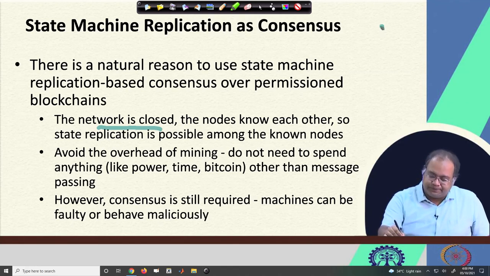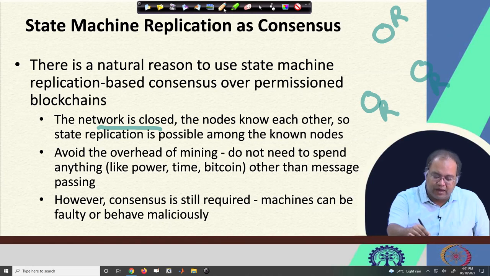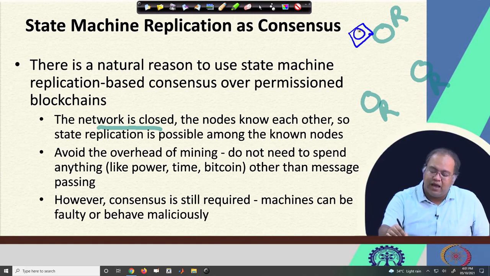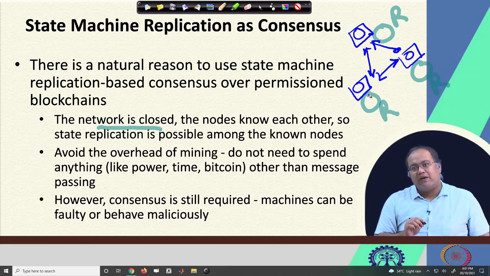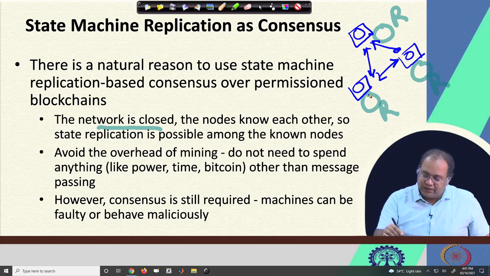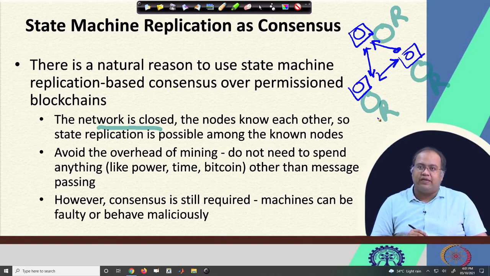That means that in case of a closed network, you can think of every individual node as a replica, and there exists a state machine and this state machine gets replicated across all the replicas. If the replicas agree to a common state of the state machine, that means the corresponding nodes agree to a common value in the context of blockchain consensus.